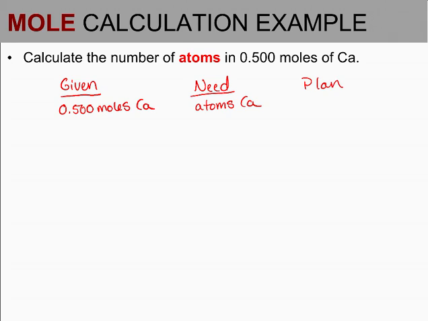So our plan of attack is to convert moles to atoms. Earlier we saw that Avogadro's number tells us 1 mole is equal to 6.022 times 10 to the 23rd of whatever we're counting. In this case, we're counting atoms.